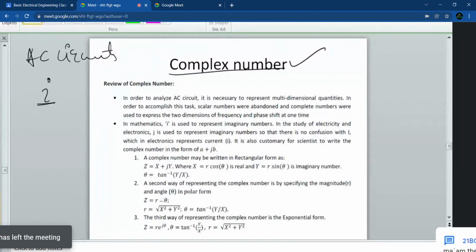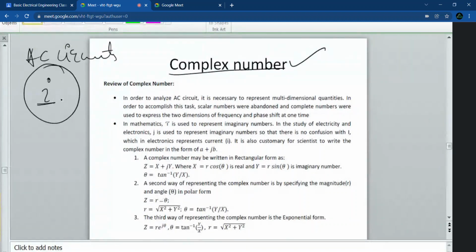Yes, I was discussing this current. We were discussing complex numbers and using iota, but in mathematics we use i. In electrical circuits, i is used for current, so it would be confusing whether it is iota or current.